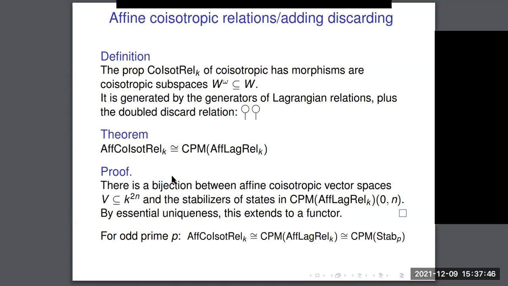Yeah. So this is why I haven't had that typo, because in the affine coisotropic stuff, and in the CPM of the affine Lagrangian stuff, it's the direct sum. Applied to stabilizer circuits, these are subspaces of F_p to the power of n, or F_p to the power of 2n.